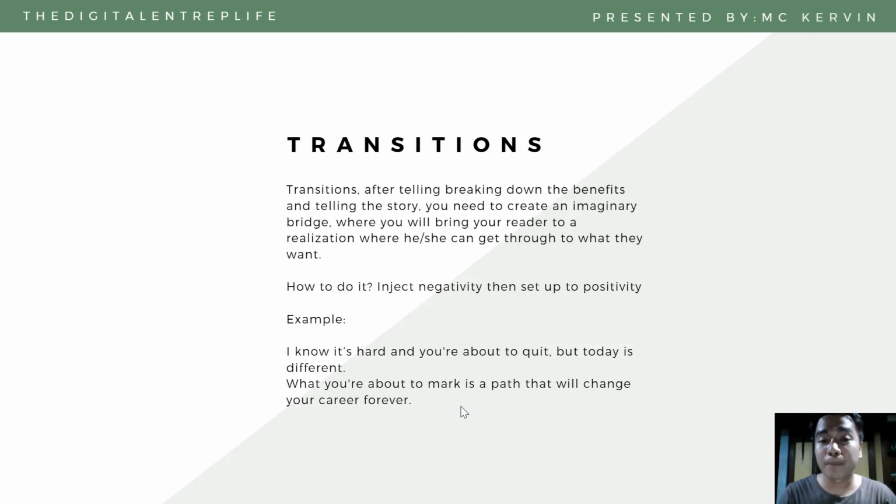That's how you create engaging content which is benefit driven, compelling, and attracts your readers to read deeper and finish the content you create for them.